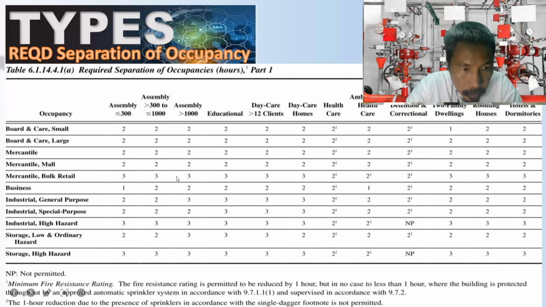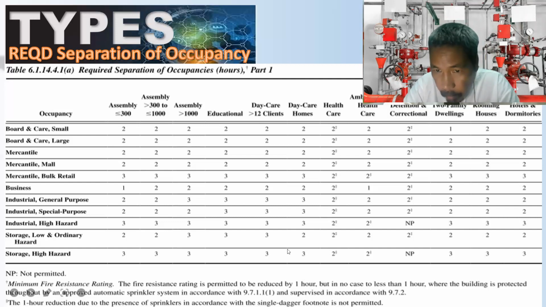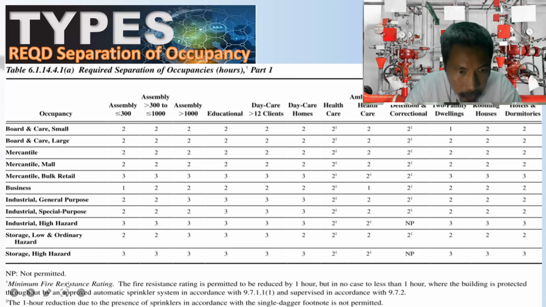Where the building is protected throughout by an approved automatic sprinkler system in accordance with 9.7.1.1 and supervised in accordance with 9.7.2. So sprinkler is chapter 9.